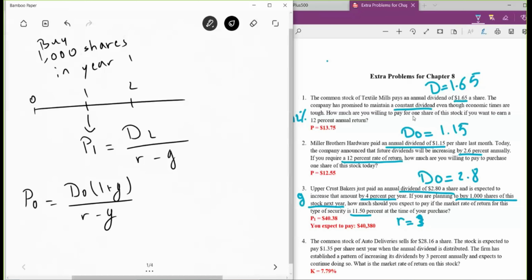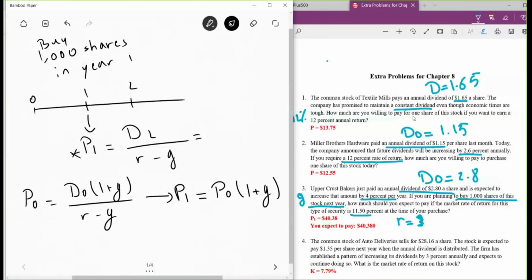Once I get P0, I can compute P1, which is like the future value of P0 after one period or 1 year. So P1 equals P0 into 1 plus the growth rate. So either method, I will get the same value for P1. Here I will apply the first approach or the first formula.